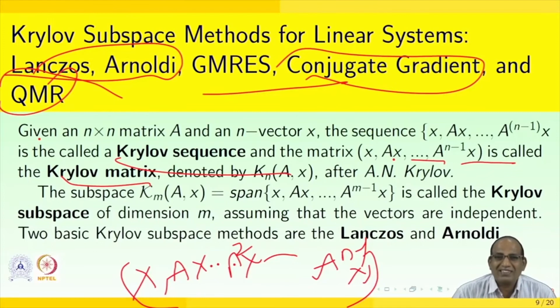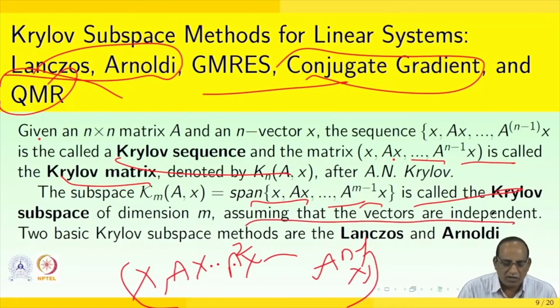The subspace K_m(A, x), that is the span of x, Ax, ..., A to the m minus 1 power x, is what we call the Krylov subspace of dimension m, assuming that the vectors are independent. Two basic Krylov subspace methods are the Lanczos method and the Arnoldi method.